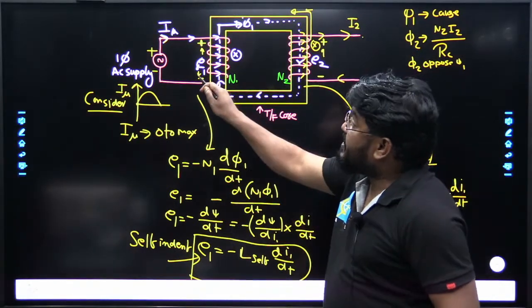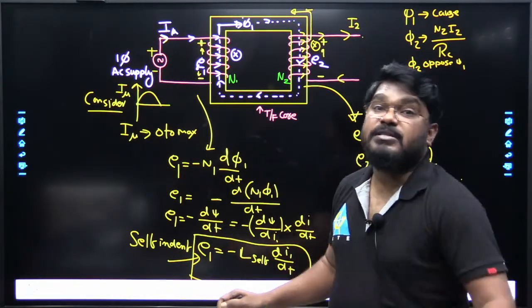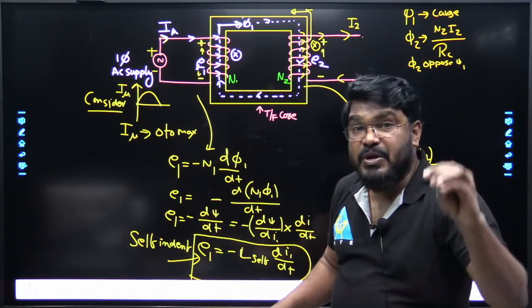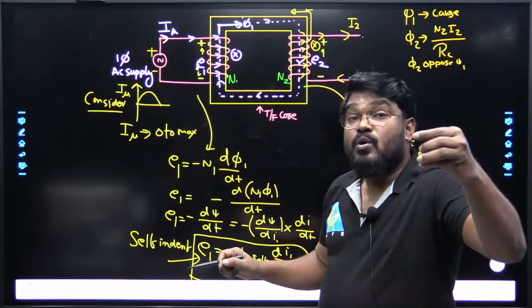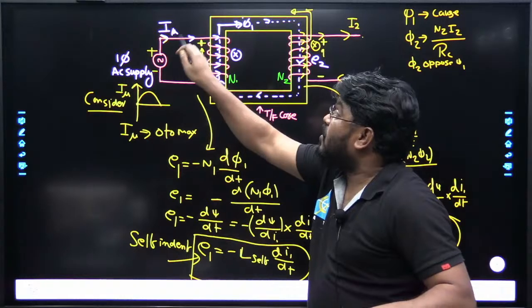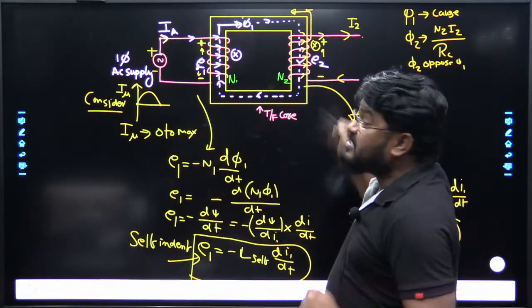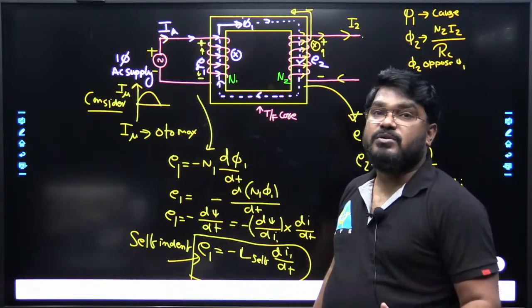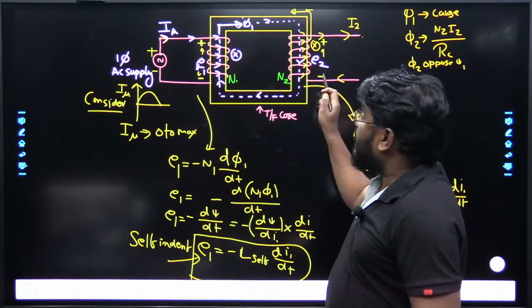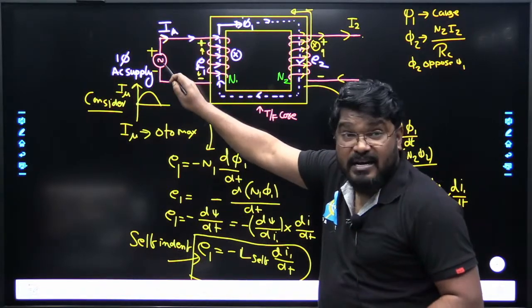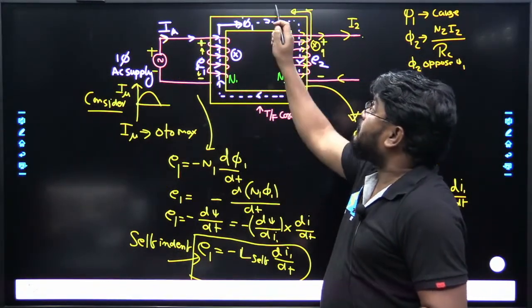The EMF induced in the primary winding is a self-induced EMF, meaning EMF induced in a coil due to current passing through its own coil. The EMF induced in the secondary winding is a mutual induced EMF, due to current passing through another coil that is magnetically coupled through the same flux.